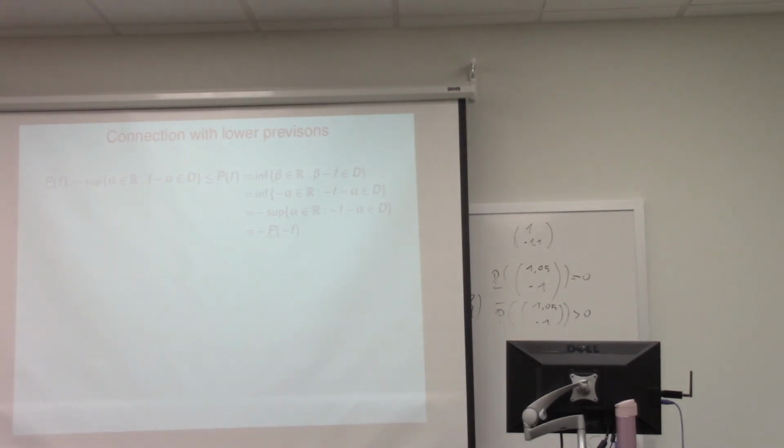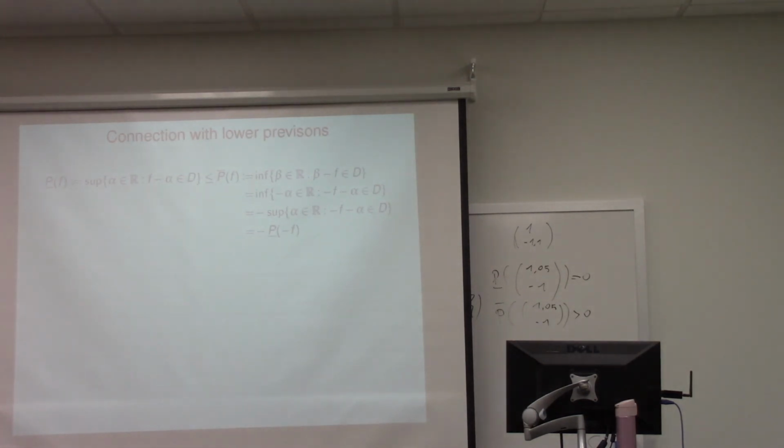For any given gamble, you can think of it like this. In the precise case, I have a fair price, a definite expectation. It means that for everything less than that, you want to buy the gamble, and for everything above it, you want to sell the gamble. Now, instead of a fair price, we have just a lower and an upper bound.